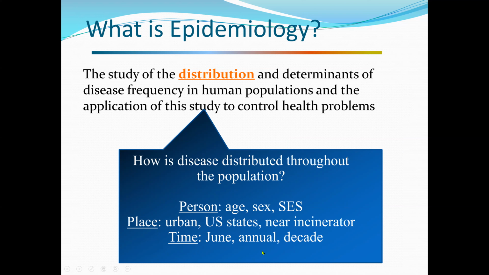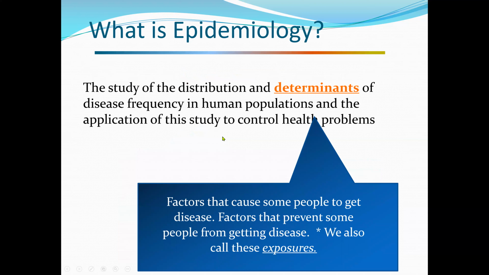If it's time, is it between June and July, summertime, winter, or decades, etc.? So again, the study of the distribution and the determinants of disease frequency in a human population and how to control it. Epidemiology deals with community health, not individuals.